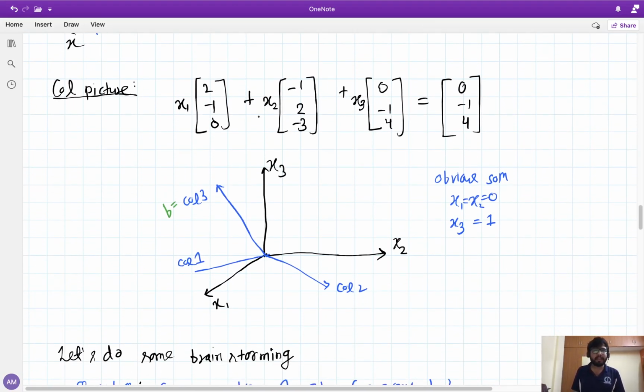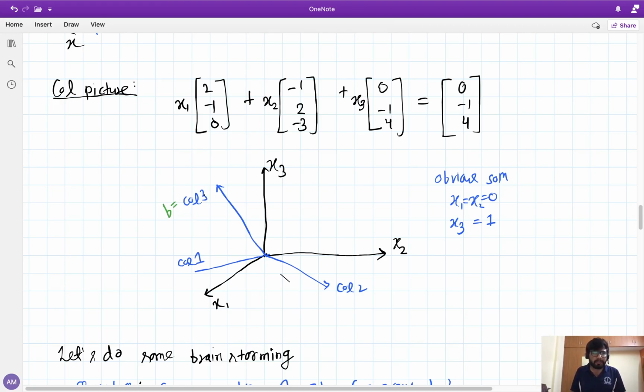something like this. Again you have three columns, column 1, column 2, column 3, and intuitively you can see that if you put x1 equal to 0, x2 equal to 0 and x3 equal to 1, your left hand side will become the same as the right hand side. The obvious solution is x1 equal to 0, x2 equal to 0, x3 equal to 1.